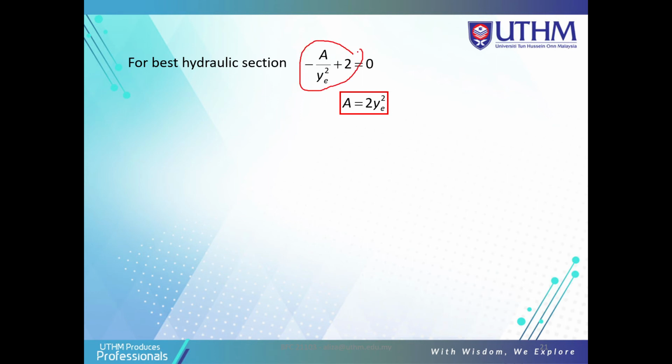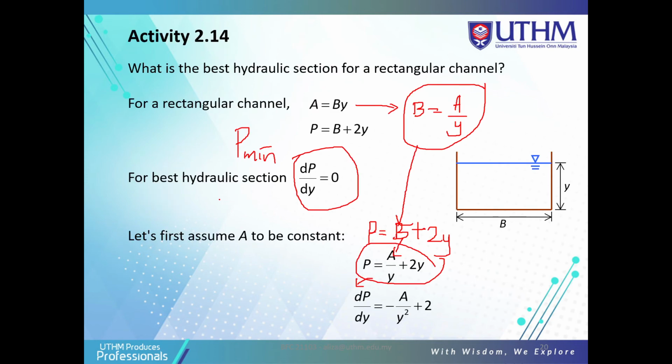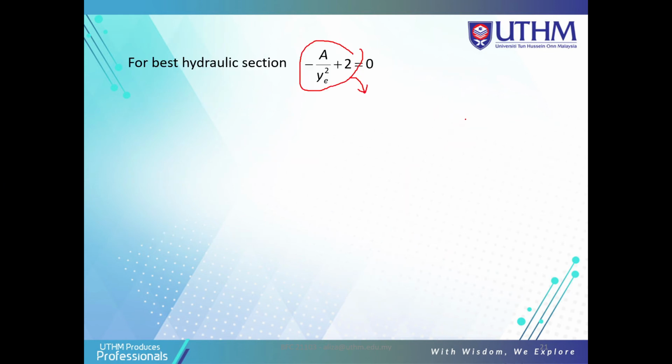And B is equal to Y E; you just put back Y E. From the previous equation, B is equal to A over Y, so you put that here, and you get B is equal to 2 Y E.